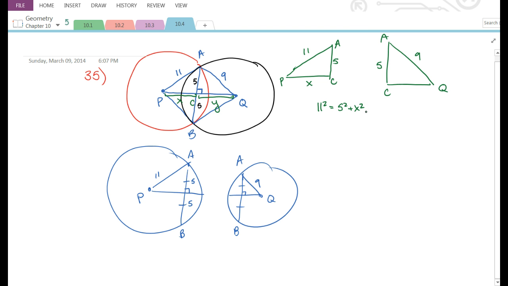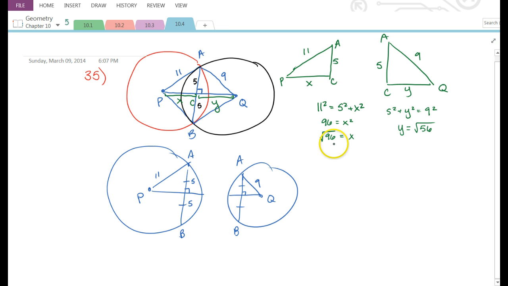I solve, and I get 96 is equal to x squared, so square root of 96 is equal to x. Okay? Well, I'm going to leave that for right now. And this was our y, so 5 squared plus y squared equals 9 squared. So that gives me y is equal to square root of 56.